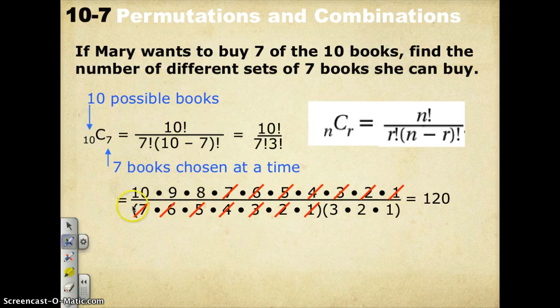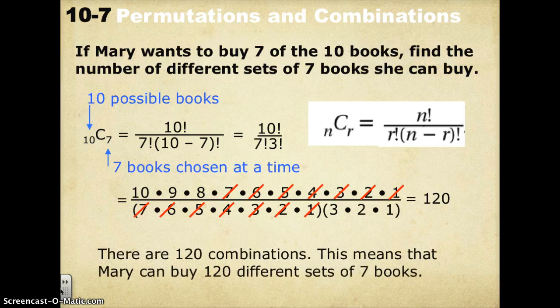And if we were to reduce this, we could try to do combinations. So 3 divides into 9 3 times, that equals 1. 2 divides into 8 4 times, that equals 1. So now our denominator is completely wiped out, and it's 10 times 3 times 4, which is 120. So what looks to be daunting at first really isn't such massive multiplication once we do some simplifying. So there are 120 different sets of 7 books that Mary could get out of the 10 available.